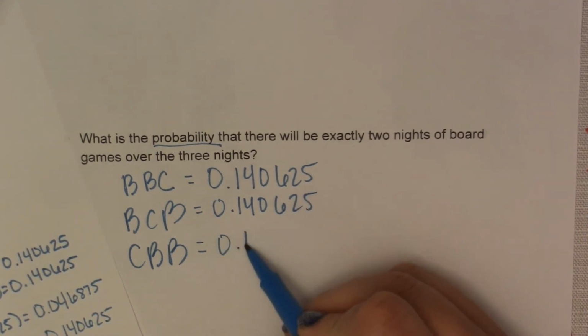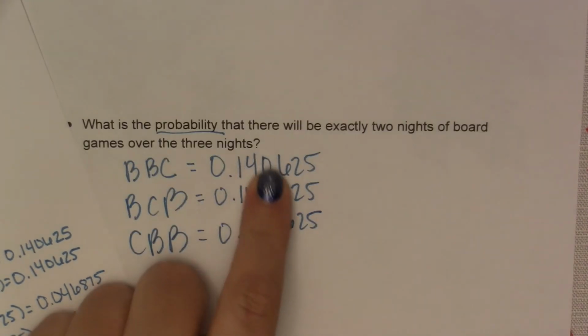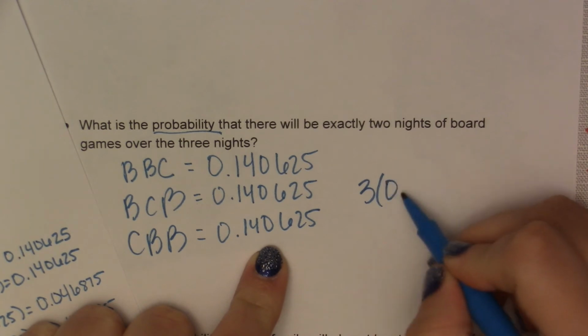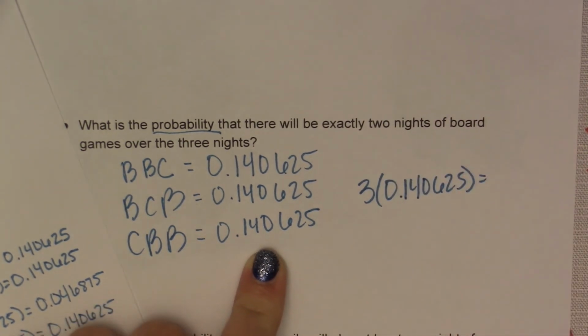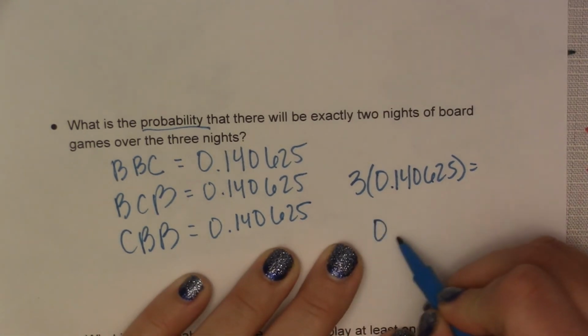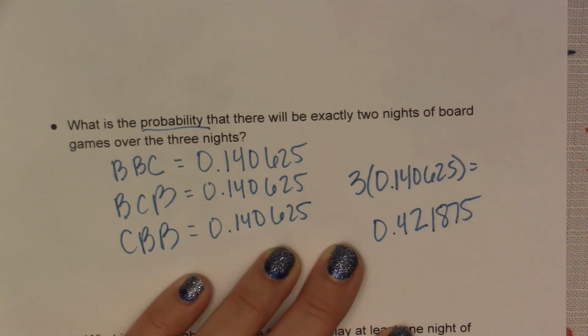So we're going to list those out on all 3. Now to total these up, because we're talking about all 3 of them, we can multiply times 3. And when we multiply, we get that that is equal to 0.421875.